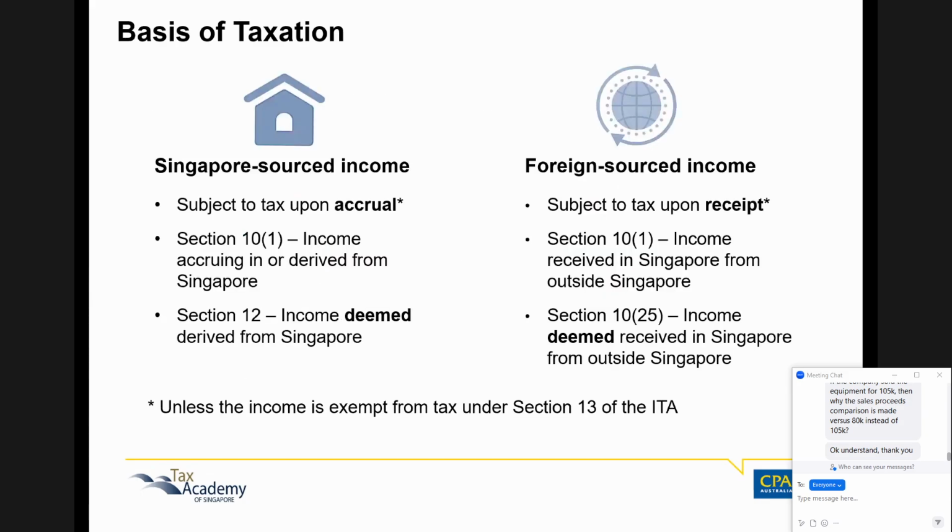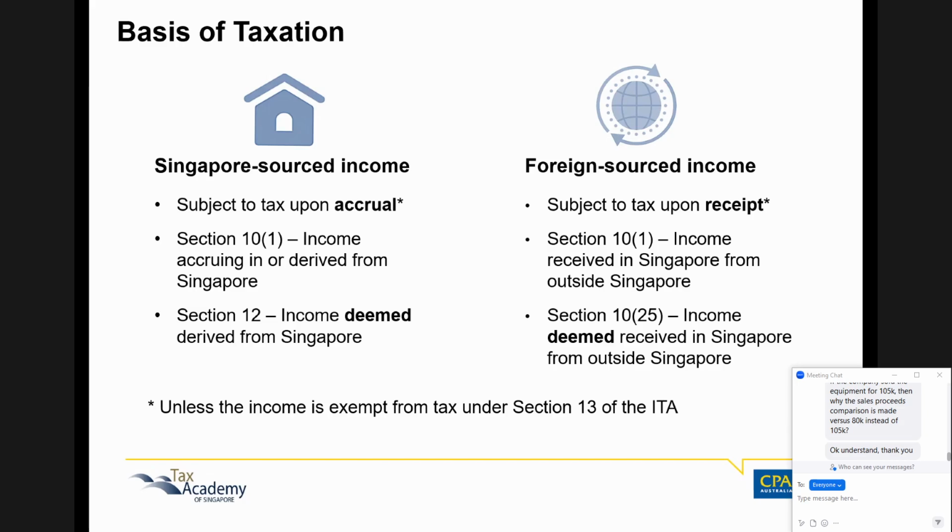Okay. So when we are looking at income source, we need to know whether it's Singapore source or foreign source income, because the tax treatment is actually different. Okay, so Singapore source income is subject to tax upon accrual, unless it's exempt from tax. Accrual, not upon receipt.